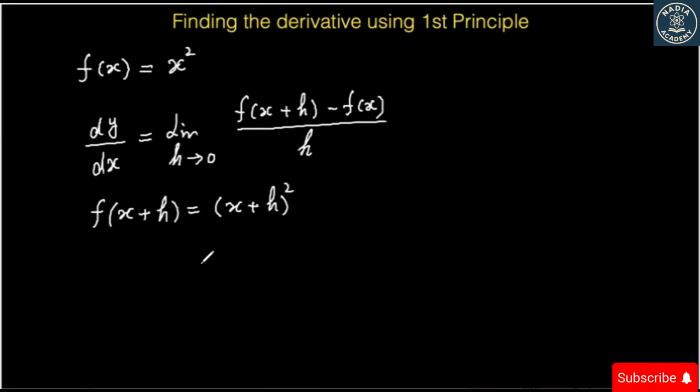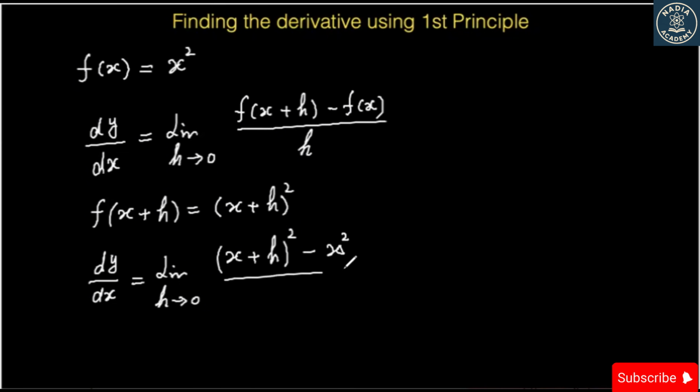Now let's put these values back in the definition. So we will get dy over dx is equal to the limit as h approaches 0 of x plus h square minus x square, divided by h.